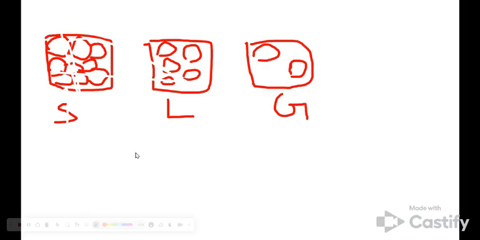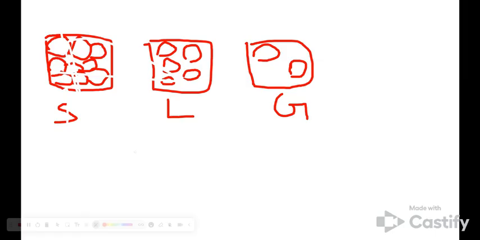An element is one type of atom, for example oxygen, Fe, or Au. A compound is two or more elements chemically combined, for example H2O, sodium chloride, and carbon dioxide. These cannot be separated by physical methods.